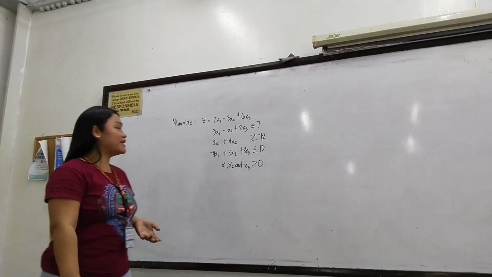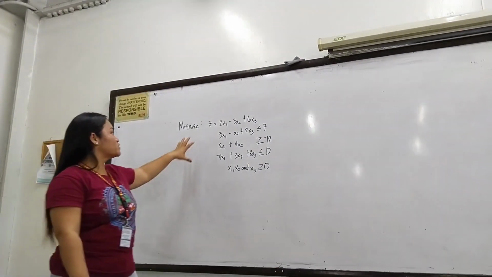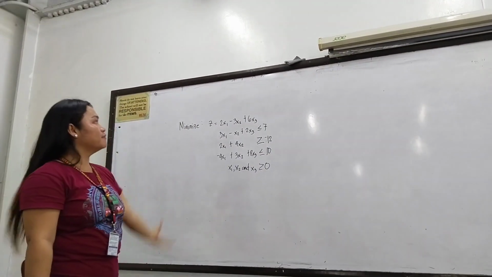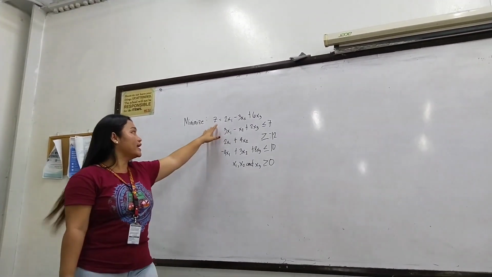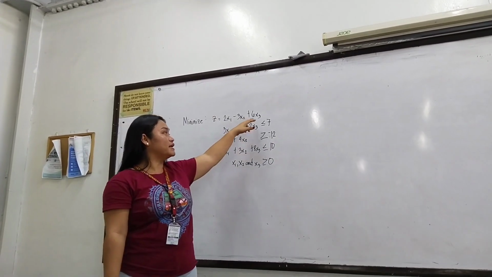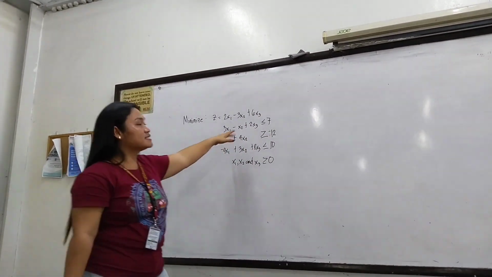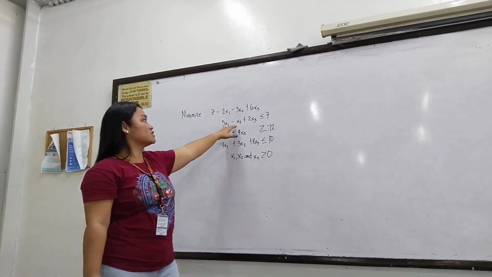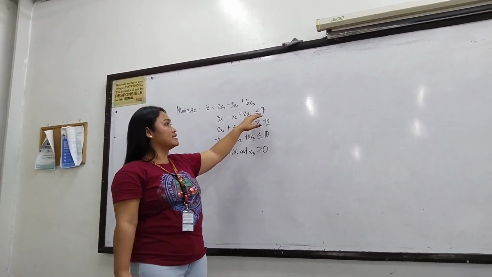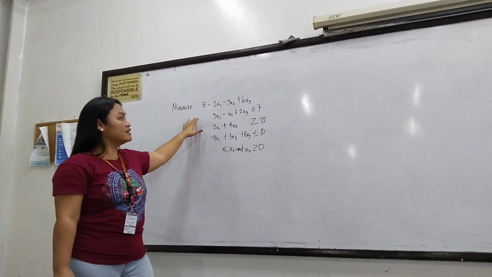Let's proceed to example number 2. So this is a minimization problem. The cost here is 2x1 minus 3x2 plus x3. This is the objective function. Then 3x1 minus x2 plus 2x3 is less than or equal to 7.